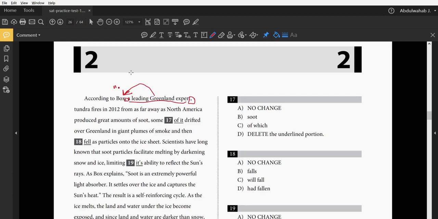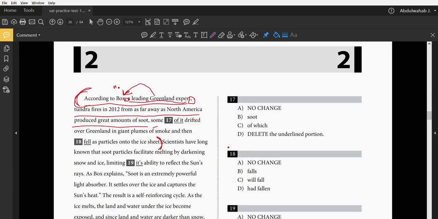Now here we have a slightly large sentence. It begins right here from "according" and it ends right here at the period. Now we have 2 clauses in the sentence. We have the clause that begins, "According to Box, a leading Greenland expert, tundra fires in 2012 from as far away as North America produced great amounts of soot." So that's the first clause in the sentence.